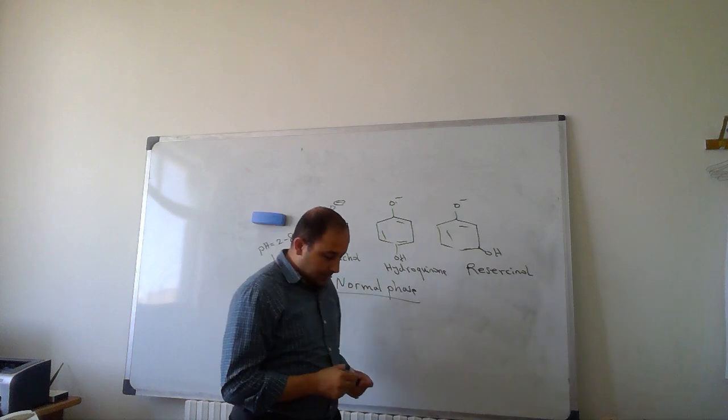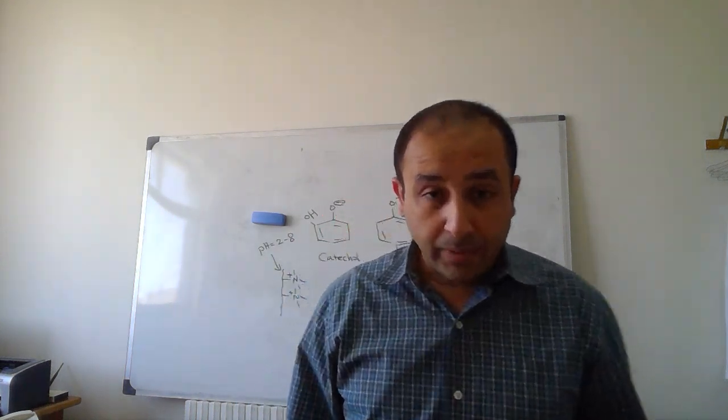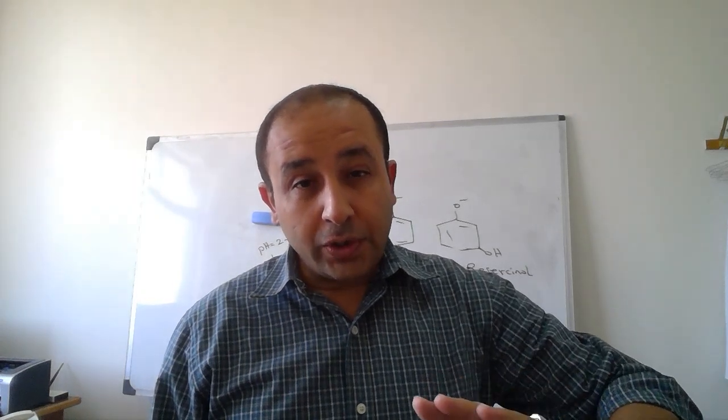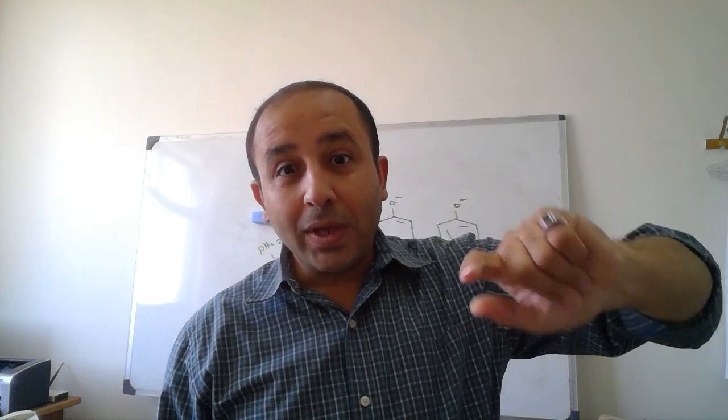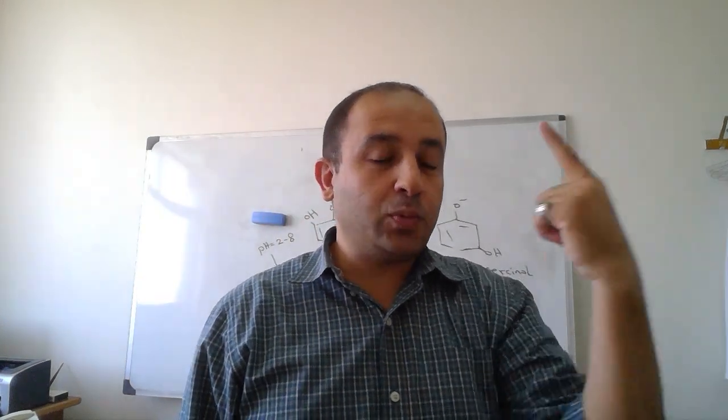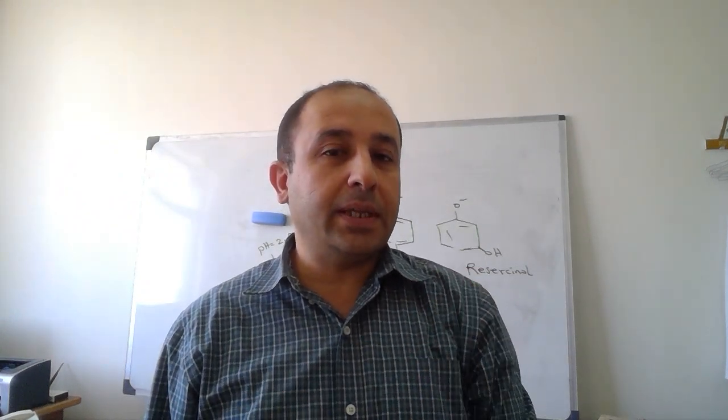So if we want to get phenol ionized, it has a pKa of 10 and it is an acid. In order to ionize an acid with a pKa of 10, we have to increase the pH by at least 1 unit. If we put the pH around 10, it will be 50% ionized.